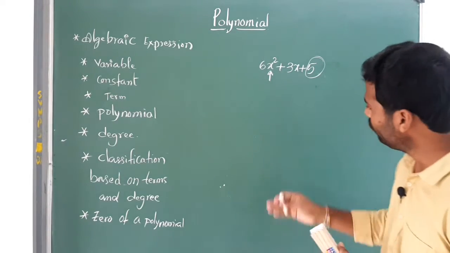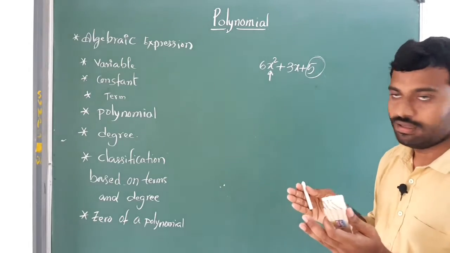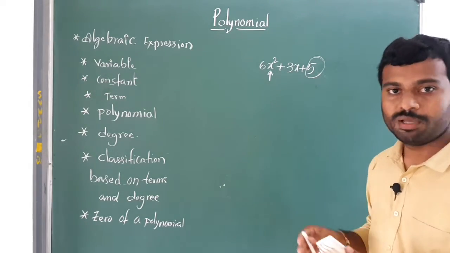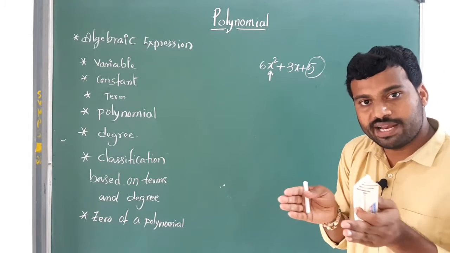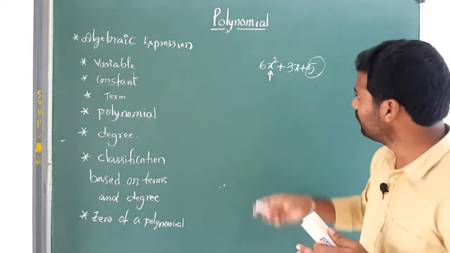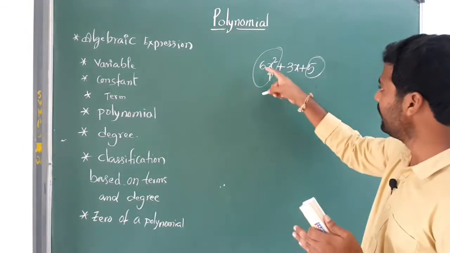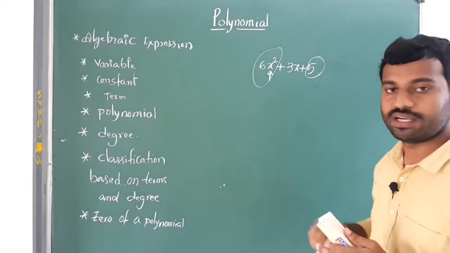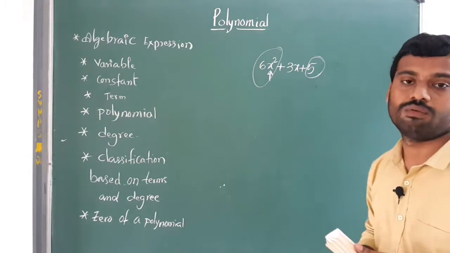Now, you see the whole algebraic expression is divided by addition, and sometimes subtraction also. If an expression is separated by addition or subtraction, then each part is called a term. Here 6x square is one term, 3x is another term, and 5 is one more term.